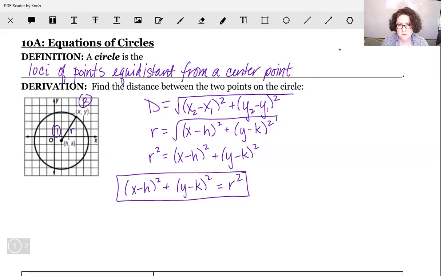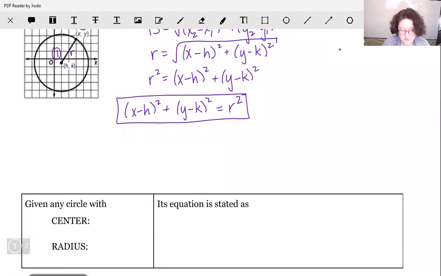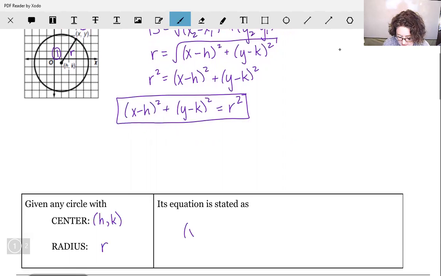So if we're given any circle that has a center, again, we called it (h, k), and a radius, which we still called r, the equation is stated as, or what we could actually plug into Desmos if we graph it, exactly as is: (x minus h) squared plus (y minus k) squared equals r squared.